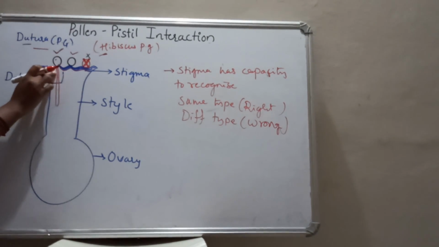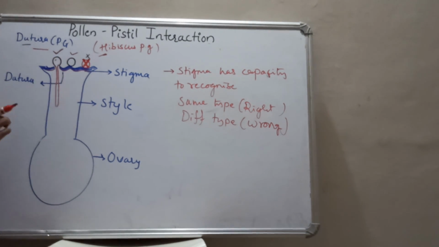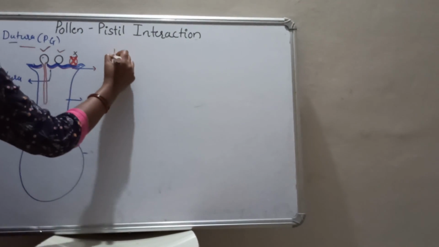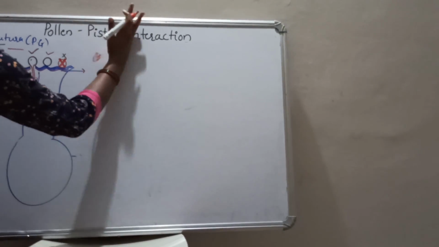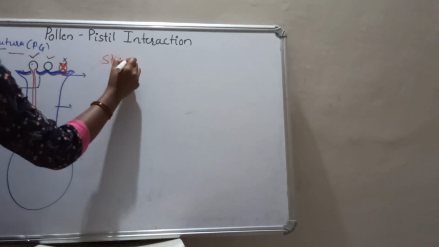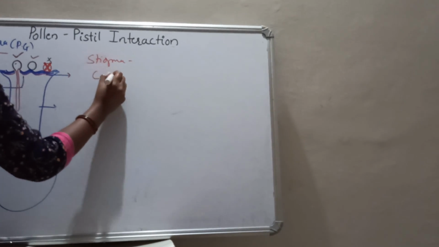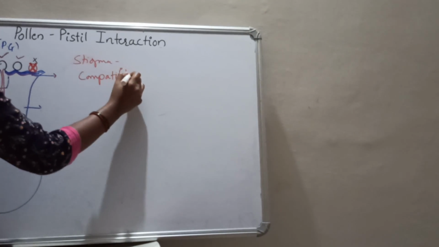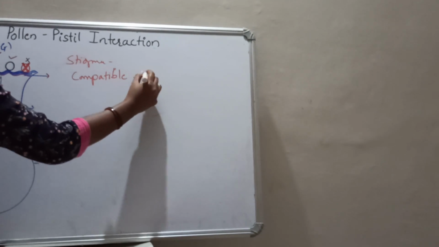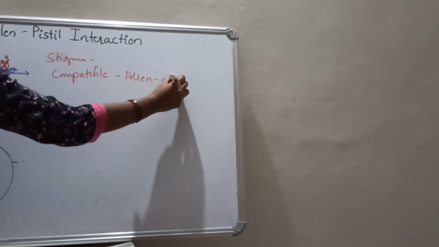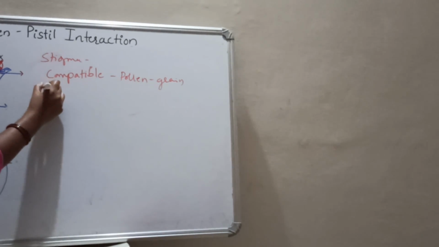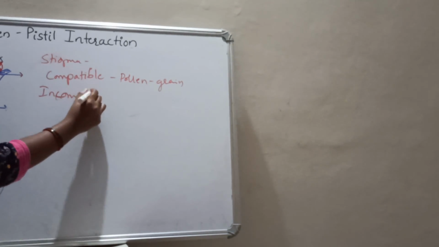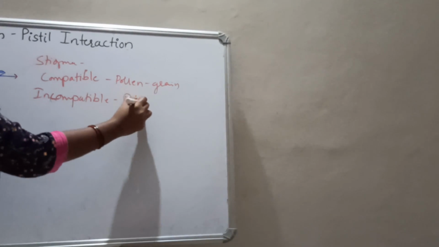Here the stigma allows only the compatible pollen grain and rejects the incompatible pollen grain.